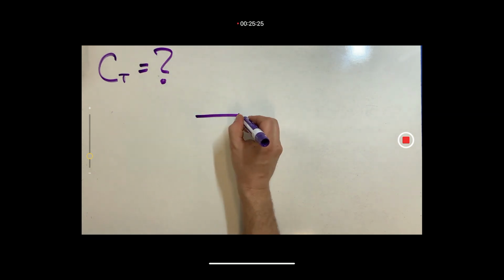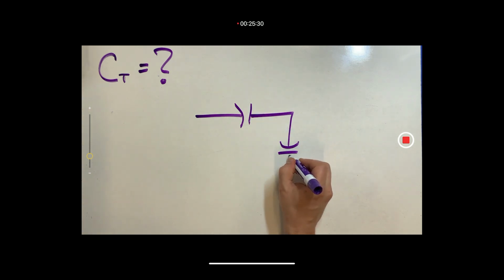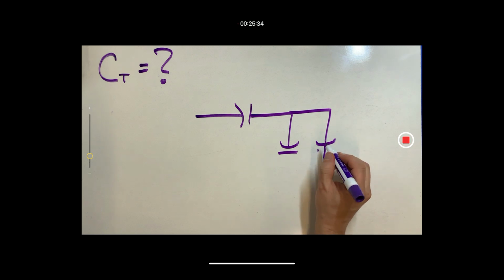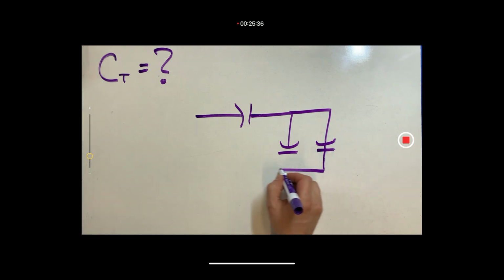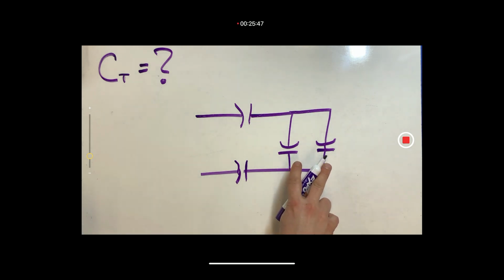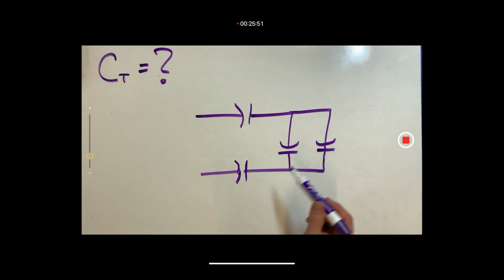And in this circuit, it looks like they have 4 capacitors, 2 of them are in parallel, and then 2 are in series with that parallel branch.